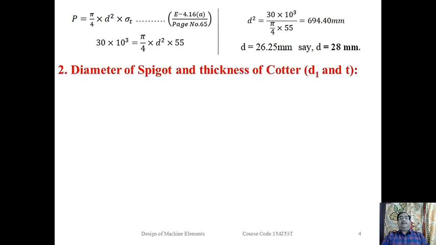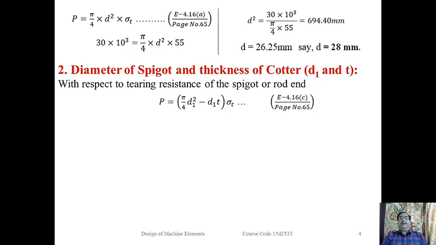Similarly, second one is the diameter of spigot and thickness of quarter, that is D1 and t. To calculate this, we are referring to the data book page number 65, and the equation is 4.16c.